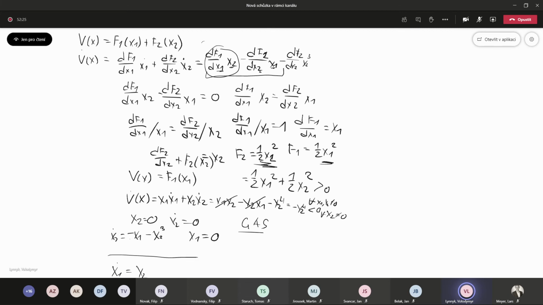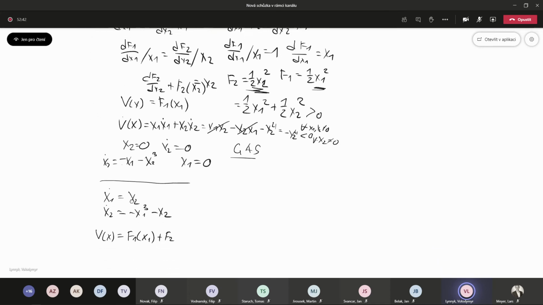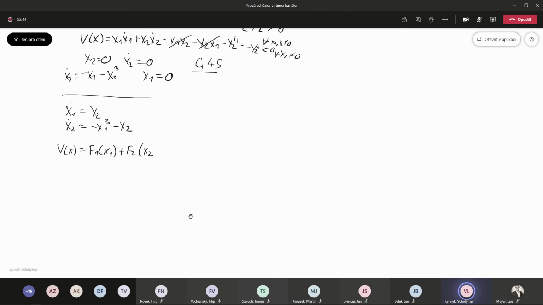Now we apply this algorithm. V from x equal to f1 from x1 plus f2 from x2.